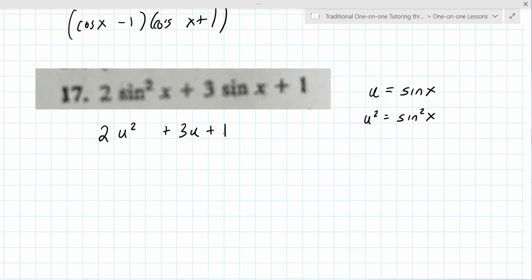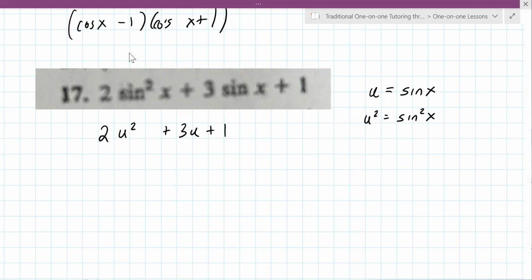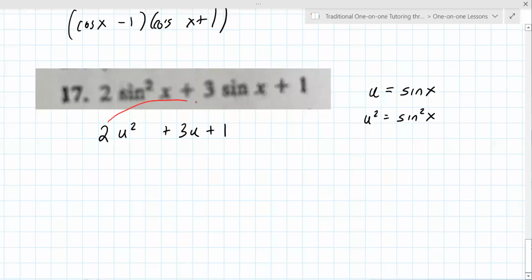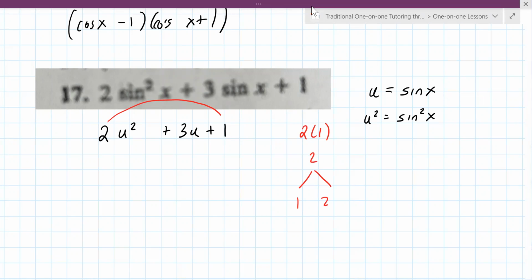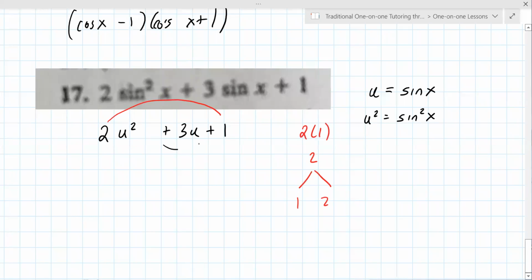So this you're supposed to be able to factor. Now the traditional way of doing this is a little bit over the top here, but you take the 2 and the 1, so 2 times 1, which is 2. And you take the factors of 2, which are 1 and 2, and then you use this grouping technique. So this 3u becomes 2u plus 1u plus 1, like that.